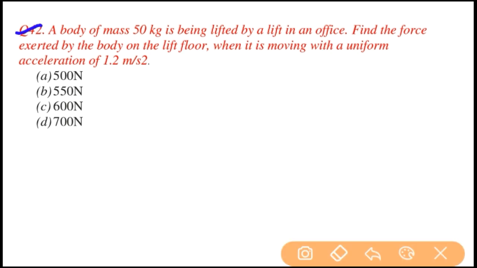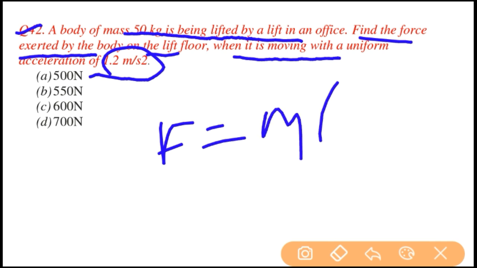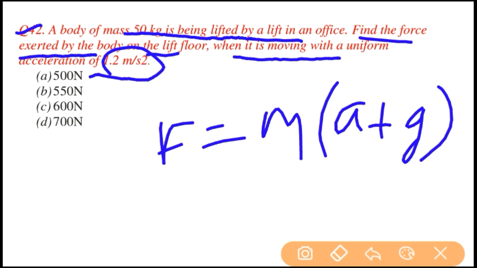In the next question, a body of mass 50 kg is being lifted by a lift in an office. Find the force exerted by the body on the lift floor when it is moving with a uniform acceleration of 1.2 meter per second square. For a lifting machine, the force is given by F equal to m into (a plus g) when it is in the upward direction.